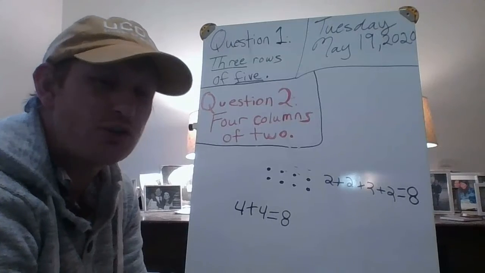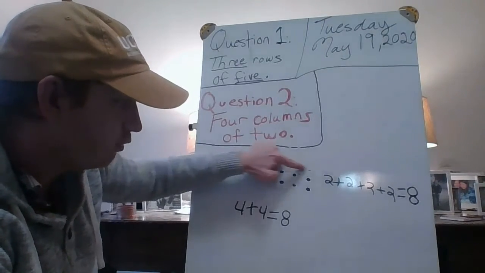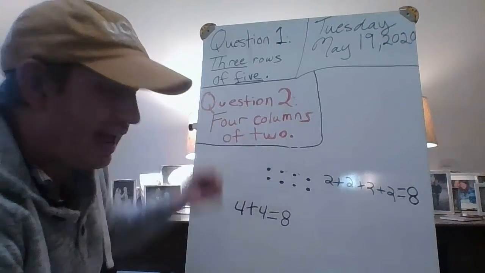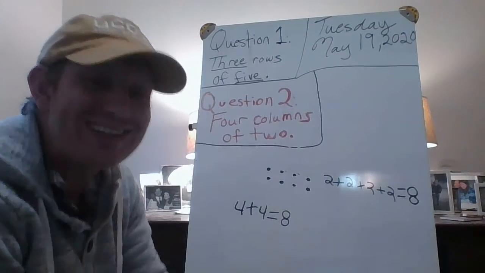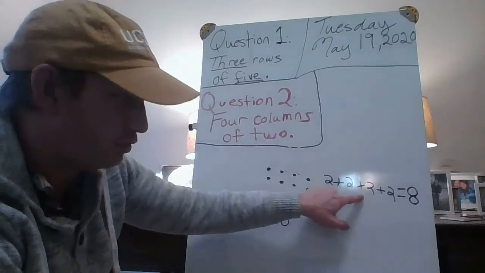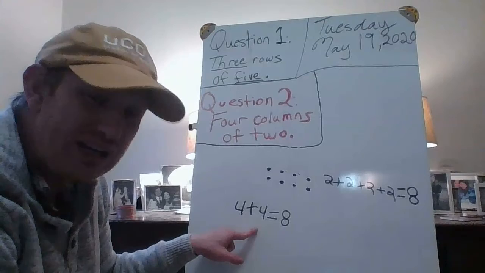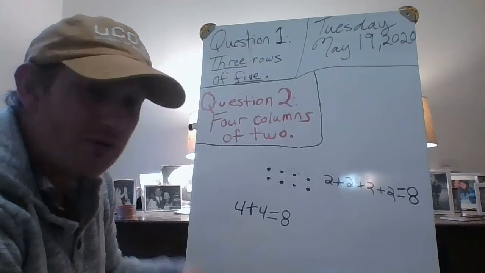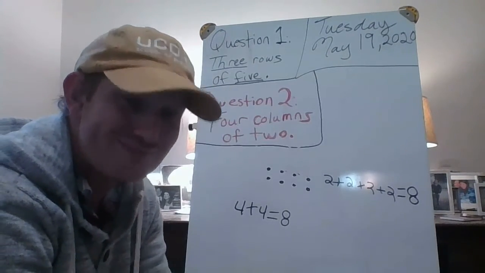It's just if you're looking at it either by columns or by rows. And depending on how you draw the array, each way might be easier for you. Some people, it's easy to add up a lot of little numbers. For some people, it's easier to add up 2 big numbers. Whatever is the easiest way for you to do it will be the best way to do it.